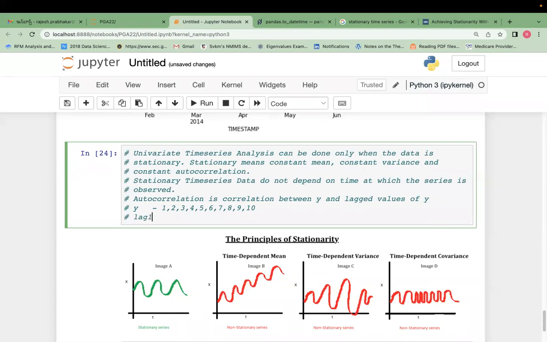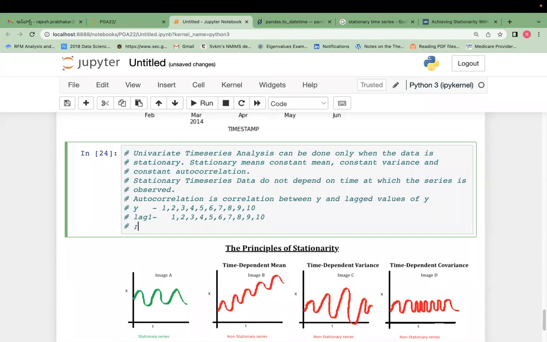Lag 1 is 1, 2, 3, 4, 5, 6, 7, 8, 9, 10 shifted by one. Lag 2 means we start from here, shifted by two. So these are the lags of y, and the correlation between y and lags of y, we call autocorrelation.